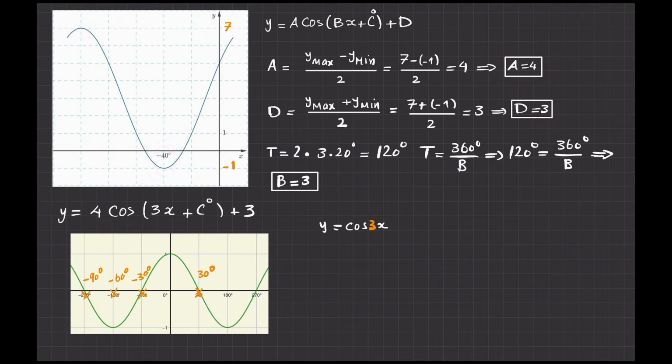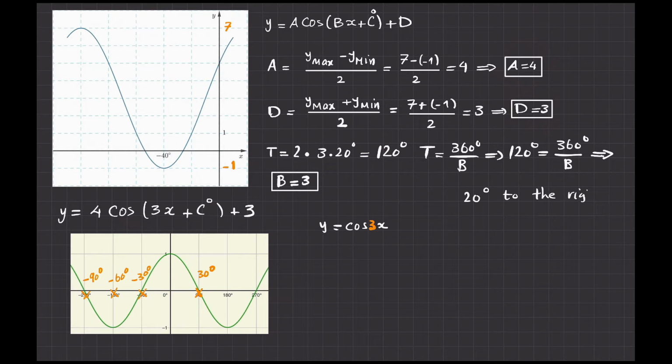So what does it mean? It means that I have to shift this graph 20 degrees to the right. Okay, but how much is, so I realized by comparing the graphs that the shift is 20 degrees to the right.